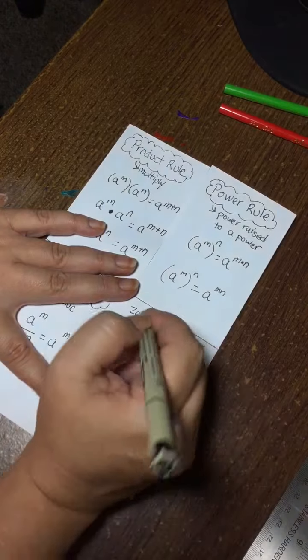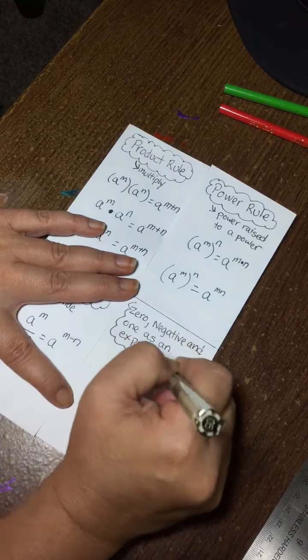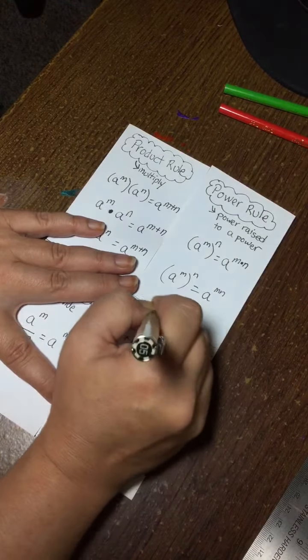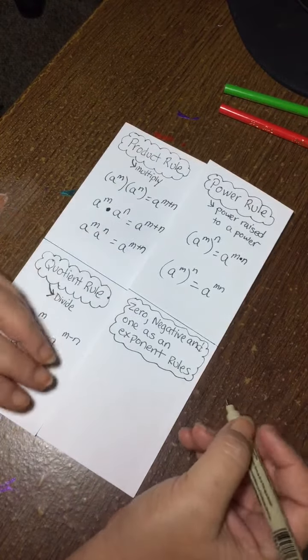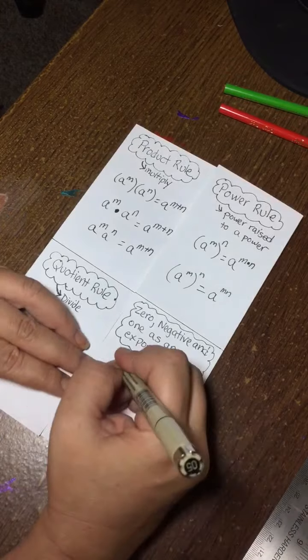Because each one of these has a special rule. I'm going to put my little bubble around that to show that's my title. Zero, negative, and 1 as an exponent rules. Okay. Here are my examples.